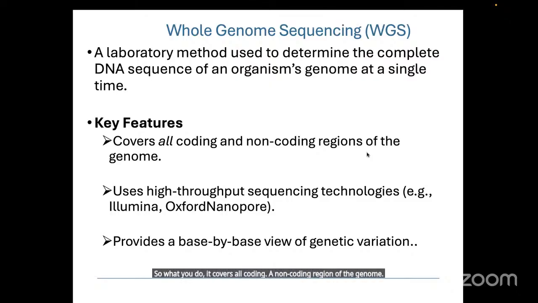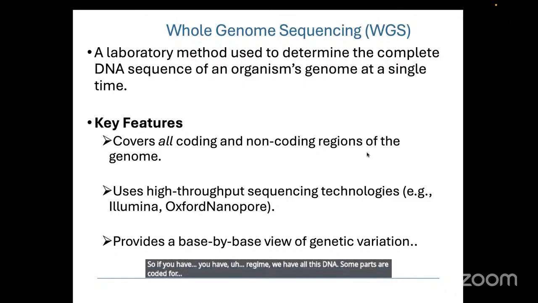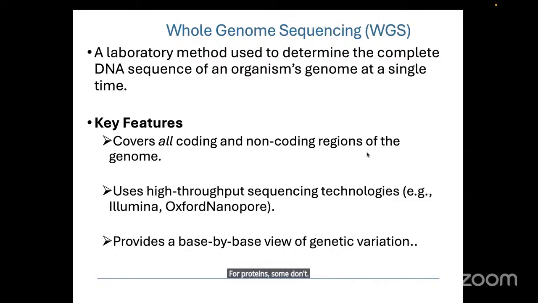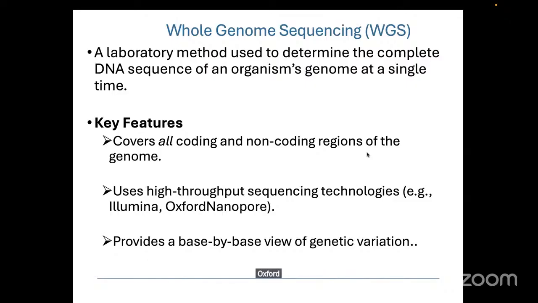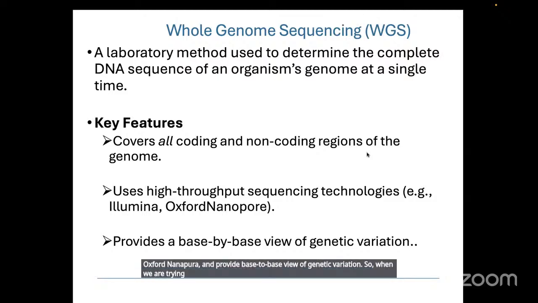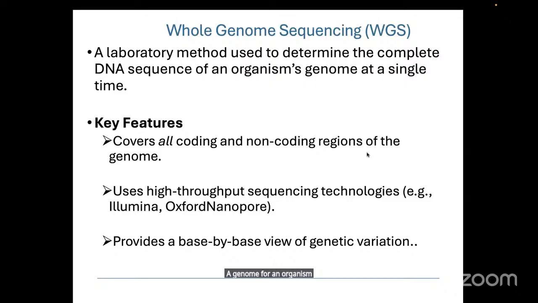If you have the genome, you have all this DNA, some parts code for proteins, some don't. It uses high-throughput sequencing technology like Illumina and Oxford Nanopore, and provides a base-to-base view of genetic variation. So when you're trying to sequence a genome for an organism, you use whole genome sequencing.